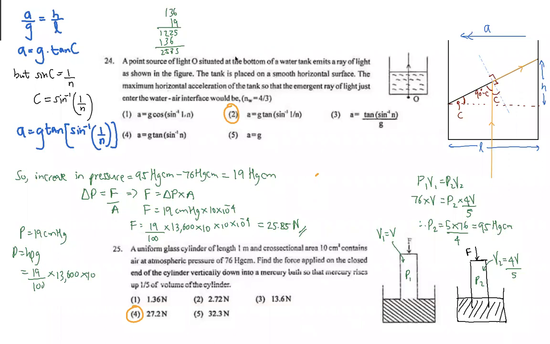But what's wrong in applying Boyle's law? Fine. Okay, wait. Yes, we can do it this way. There's another way of doing it. That is this, people. Look at the screen.